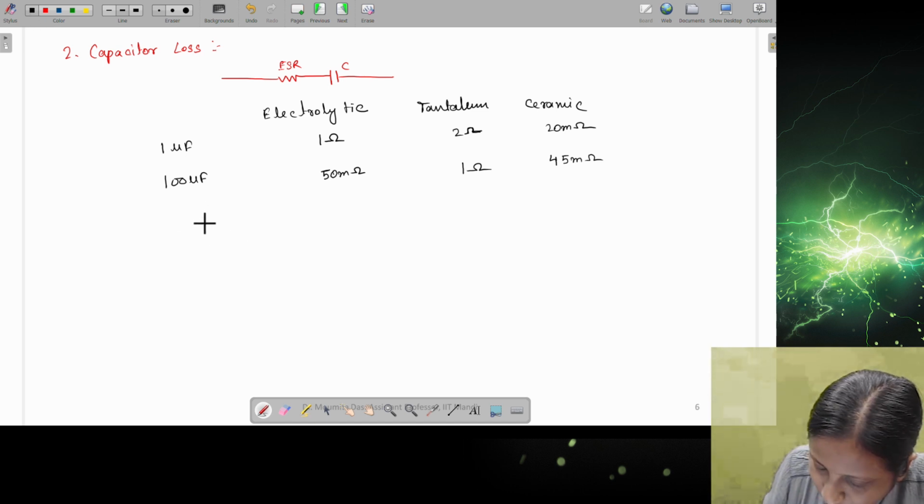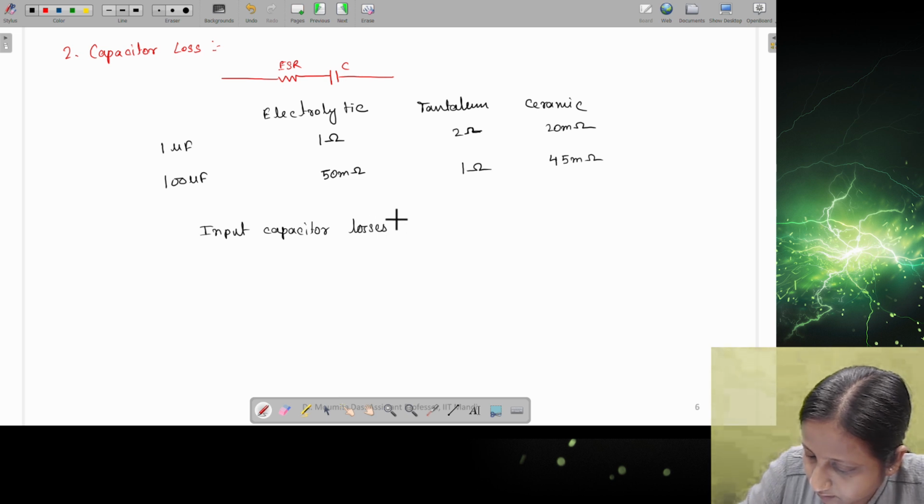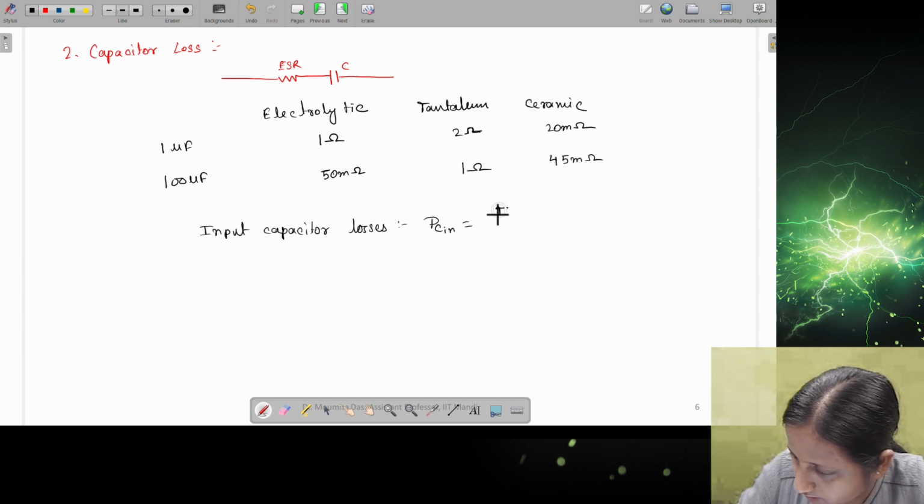So if we have to find out the input capacitor losses, PC in is equal to (I out by 2) square into ESR in.